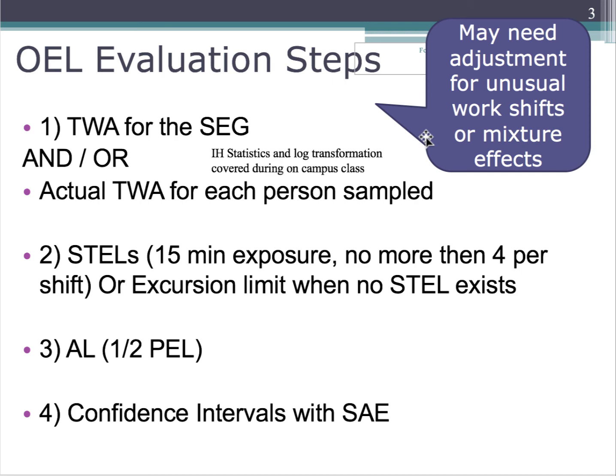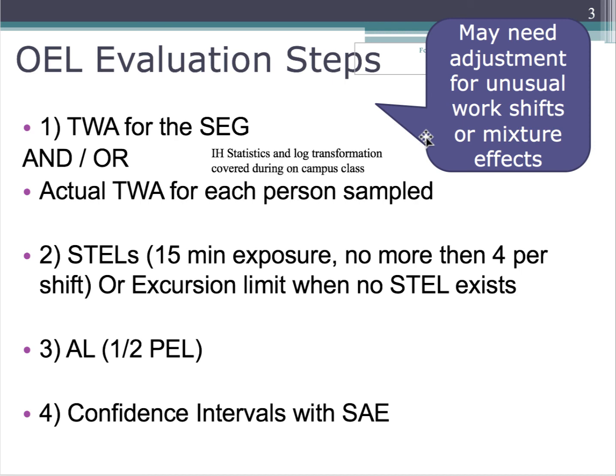In the on-campus lab that you'll attend in June, we'll talk more specifically about using a program called IH Stats or IH Statistics and log transforming your data. Most occupational exposure data is log normally distributed, and you need to transform it before you can calculate a time-weighted average or put confidence intervals onto it.